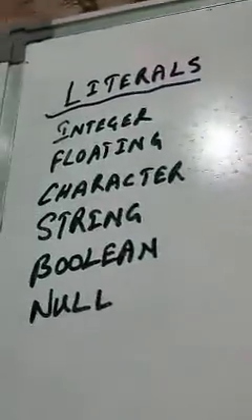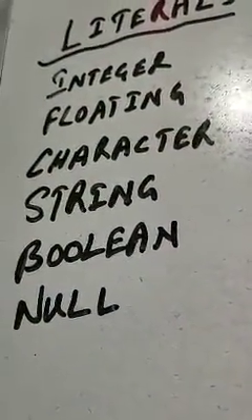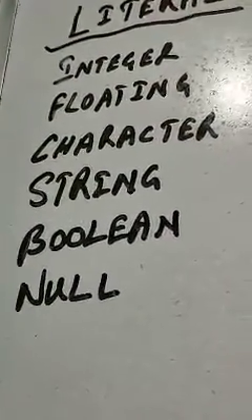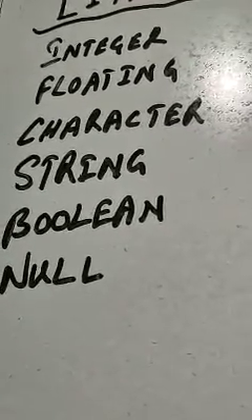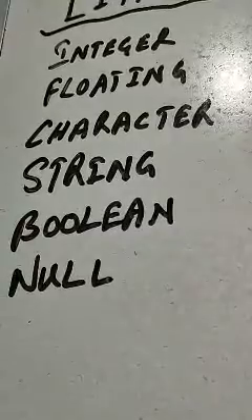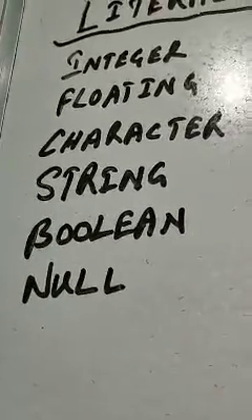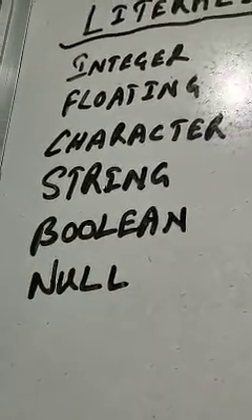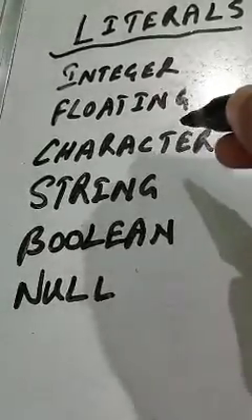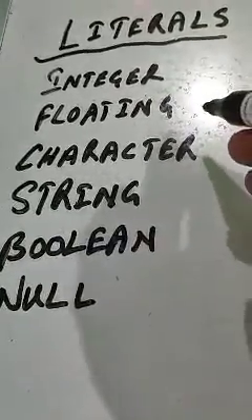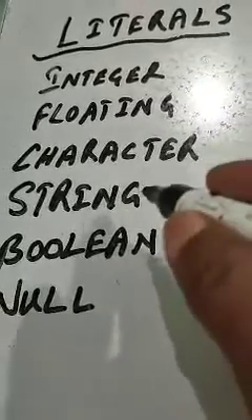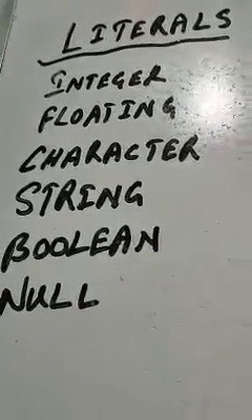Then the last one, which is called null literal. Null means empty. In terms of Java, the null literal is the initial value that is assigned to all these types of variables: integer, floating, character, string, and Boolean respectively.